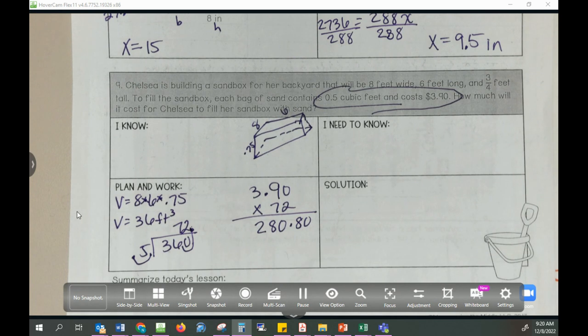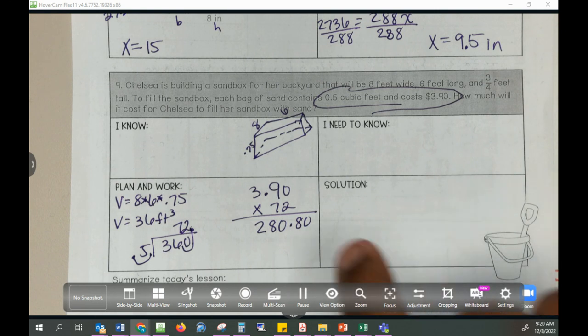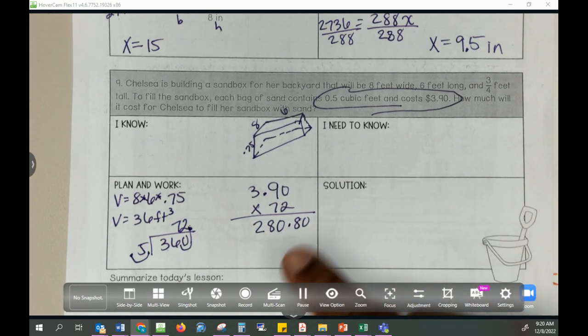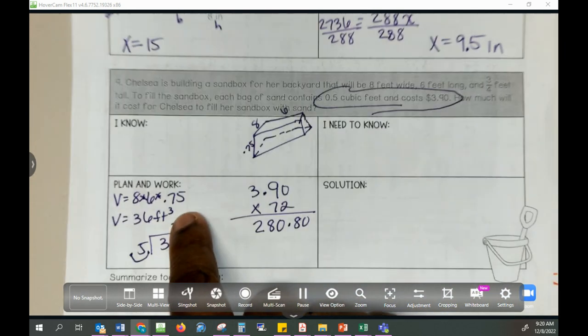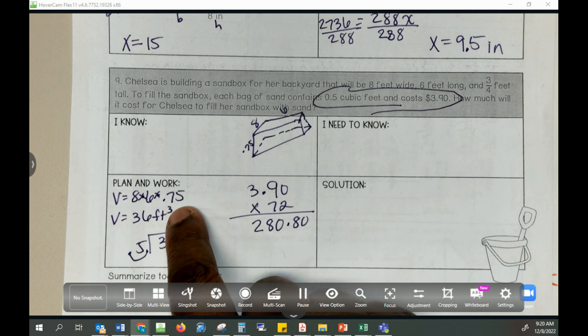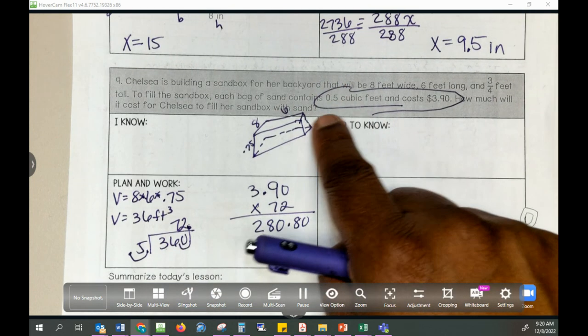Because the real life will say that we should be able to. Real life, yes, I wrote it because I wanted to make sure that those that go back and watch the recording see: first you got to find the volume. No matter what, you want to start with the volume. Then go to what it's asking you.